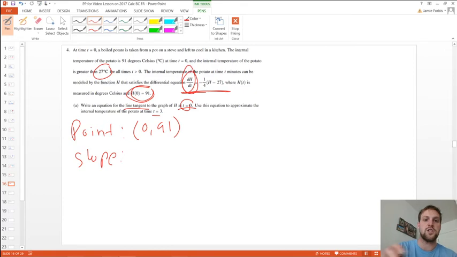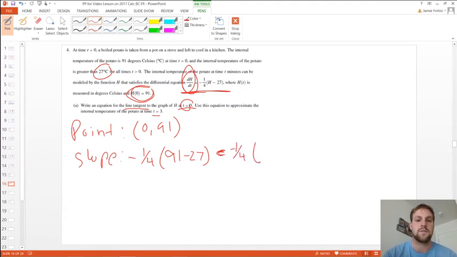Well, I got an equation for my slope, dh over dt. So my slope is going to be -1/4 (h - 27), or (91 - 27), and that's what my slope is equal to. Because at time equals 0, h is equal to 91, right? So this is going to tell me the slope. That's -1/4 times 64.